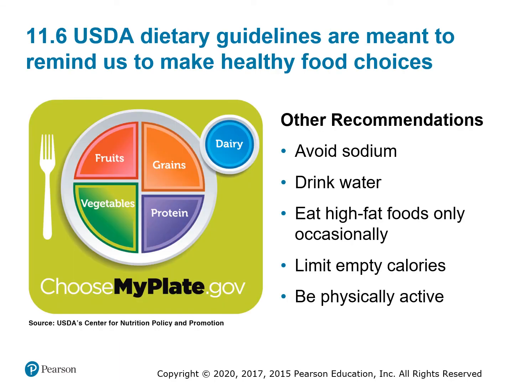So as far as nutrition goes, the USDA dietary guidelines are meant to remind us to make healthy food choices. And so this is myplate.gov, which is supposed to give you an idea of, if you were to fill your plate with different types of foods, fruits, grains, vegetables, proteins, and dairy, what type of ratio would you have.